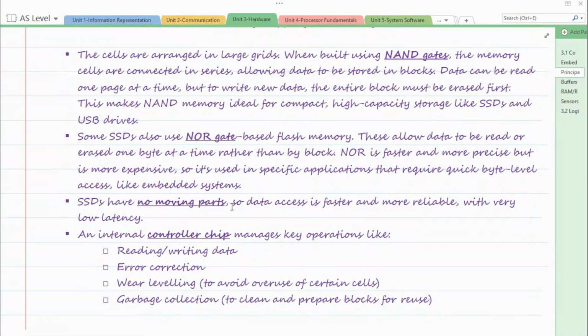But some SSDs, especially the ones used in embedded systems, use NOR gates. These allow the device to read or erase one byte at a time, which is perfect when speed and accuracy really matter, but they are costlier.